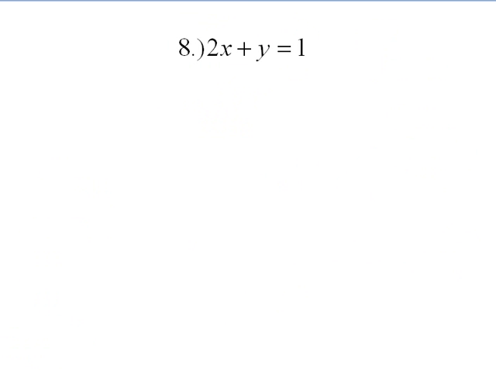Here's another one. 2x plus y equals 1. Okay. Let's start off finding the x-intercept and the y-intercept. So this is the x-intercept. In other words, where it hits the x axis. So I've got 2x plus y equals 1, and I want 0 for y.